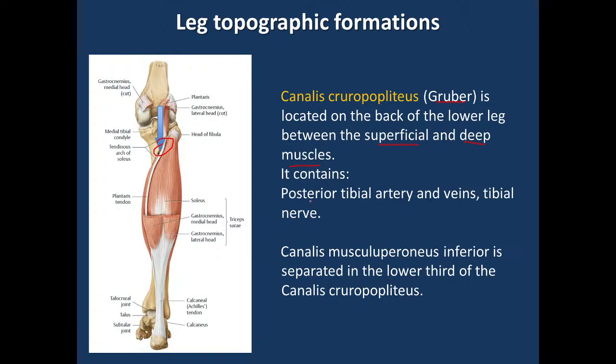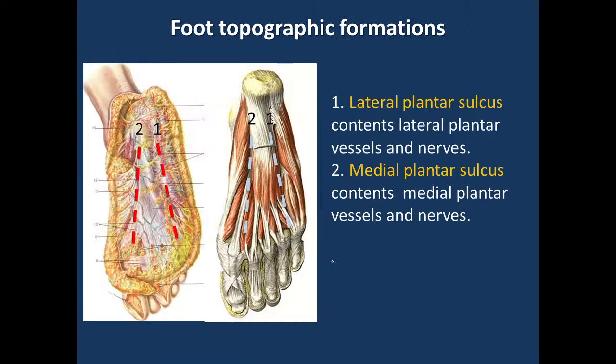As is typical for all topographical formations, the canalis cruropopliteus also has tibial artery and veins, and even tibial nerves.